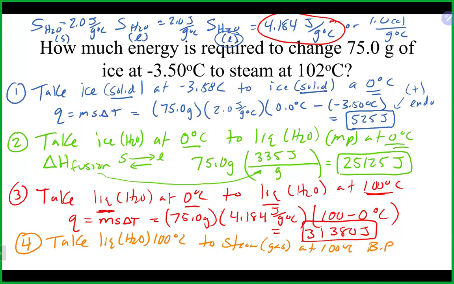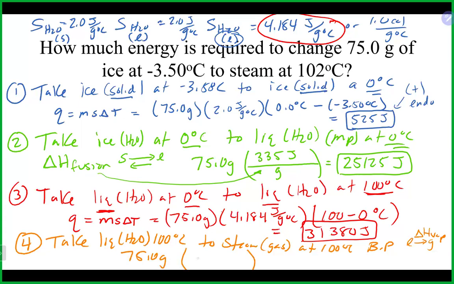And because of that, we're going to use the transition that occurs as we go from liquid to gas in this case. That is the delta H of vaporization. So it's going to be the delta H of vaporization we're going to use. I once again am going to use the joule value here for water, so everything's in the same units. So we're going to take our 75 grams of water.